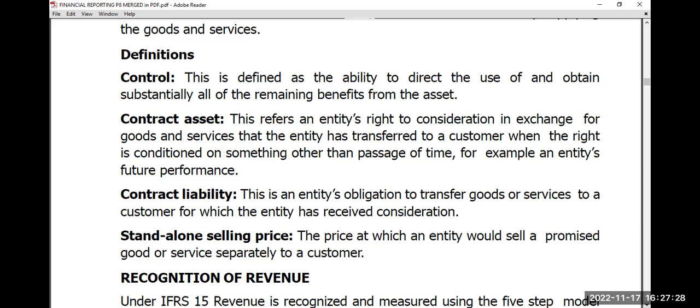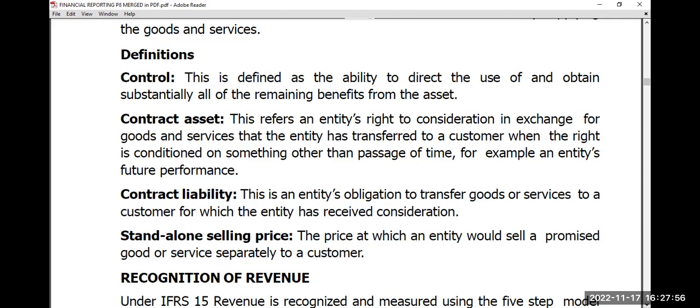Here we are saying that this is an entitlement of the entity to receive a given amount of money after fulfilling certain conditions, and that's basically the performance of the activities.